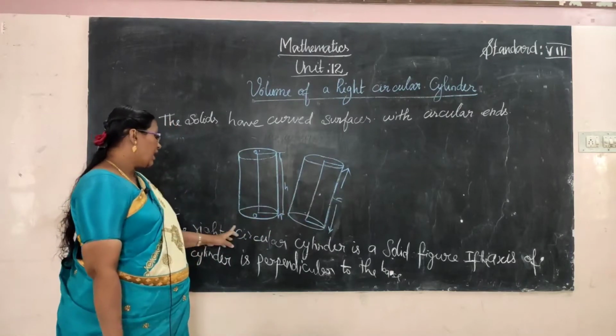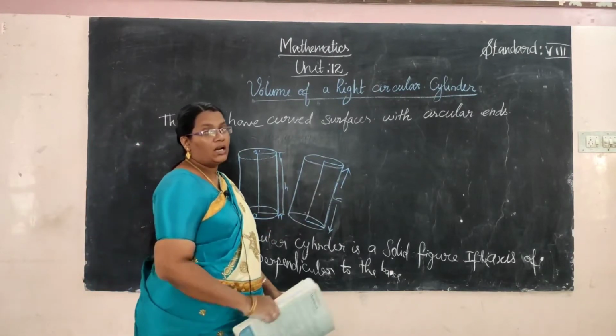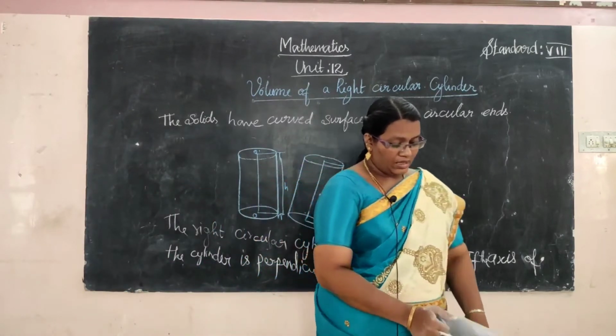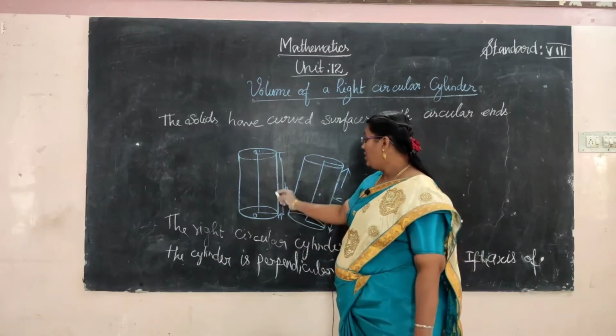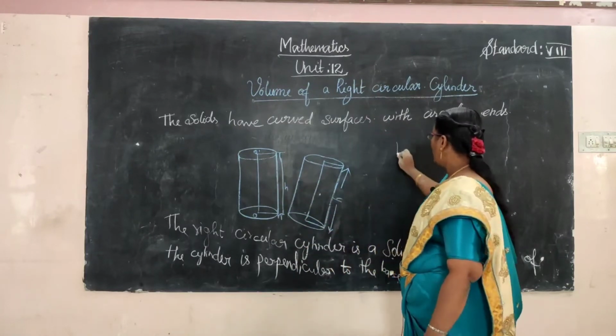Then it is called the right circular cylinder. Now we will see the formula for the volume of the cylinder.